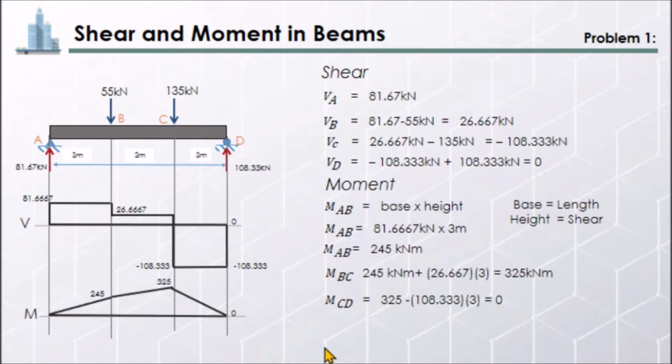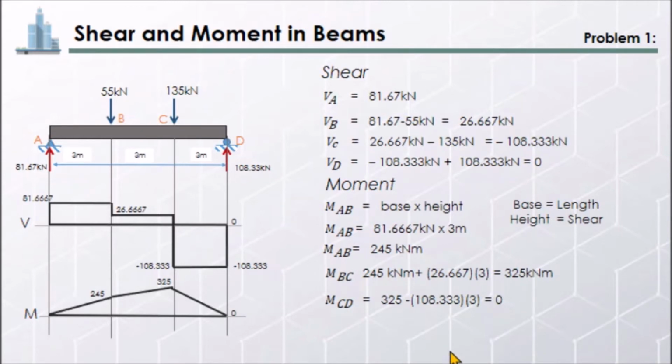And then, if we locate it, we can say that the maximum moment is 6 meters from point A or 3 meters from point D. Now, class, if you observe, the maximum moment always happens where we have zero shear. So, as we go along, you will notice that the maximum moment always happens when we have the zero shear.